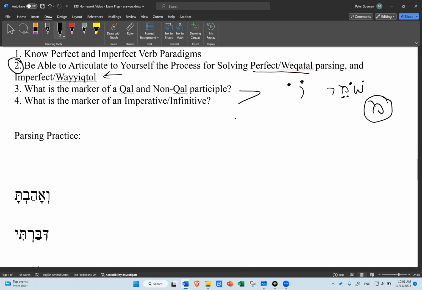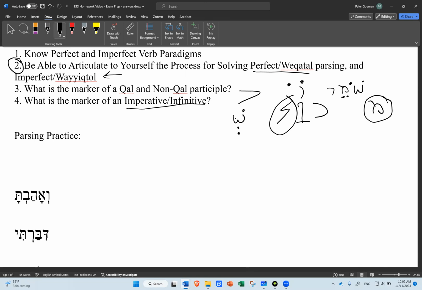Okay. And then the marker of an imperative or an infinitive, two things. If you see a lamed, a bait, or a kaf, but usually it's going to be a lamed, that's the primary one, on a verb, that's an infinitive construct. Otherwise, the imperative and infinitive actually have the same marker.